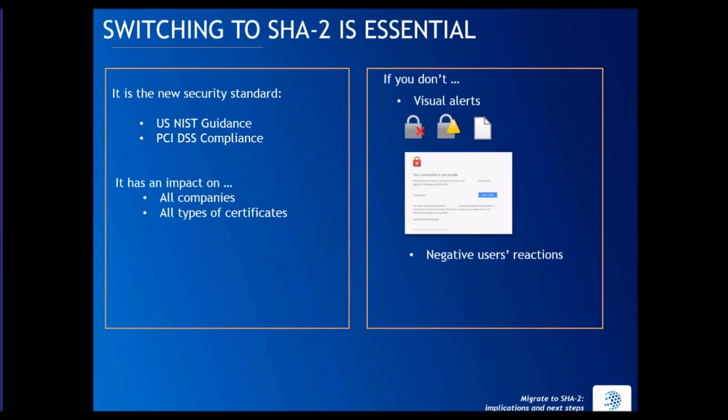It's not only the visual alerts you'll be getting, but also the negative reactions from your clients. For example, if you're an e-commerce website and your certificate comes up with a warning sign, like the one you can see on the screen, saying your connection is not private, are you as a buyer going to carry on with that website?